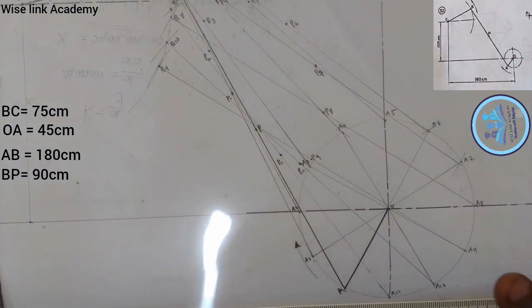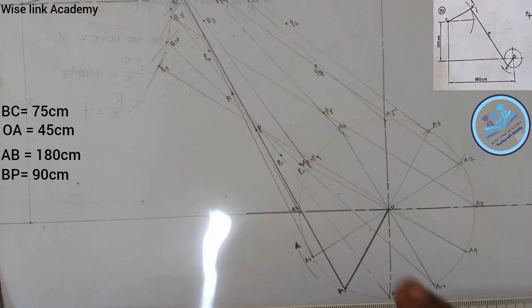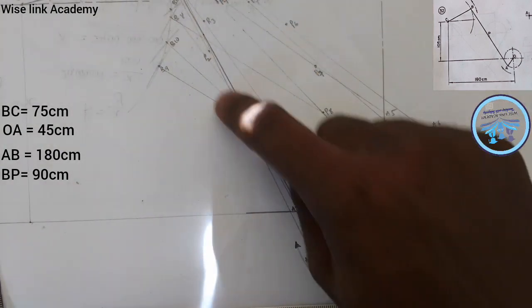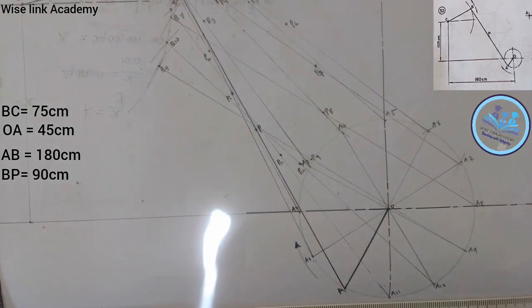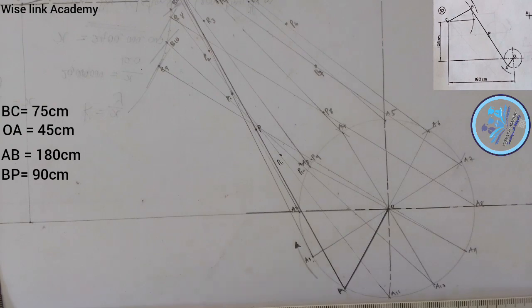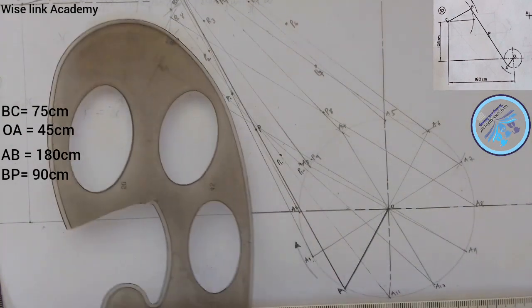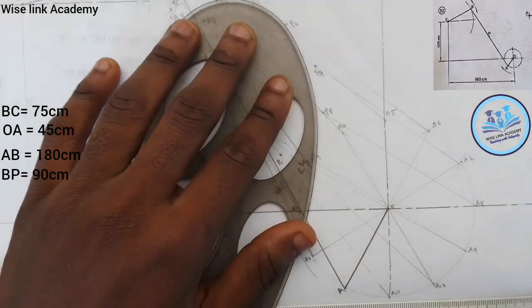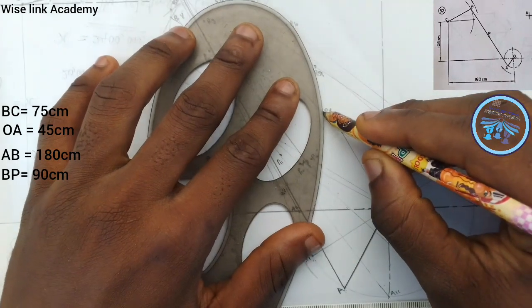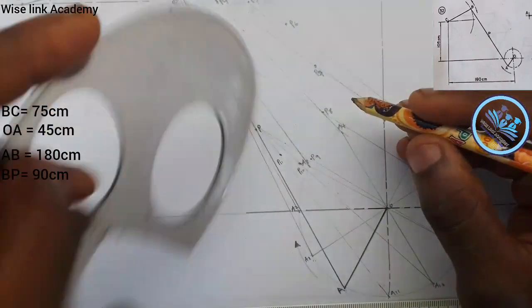Now these are our points on the locus of point P. Using our French curve to join all these points together, I'll be having something of this nature if I use my French curve. So at least I'll join this. Let's see, coming.